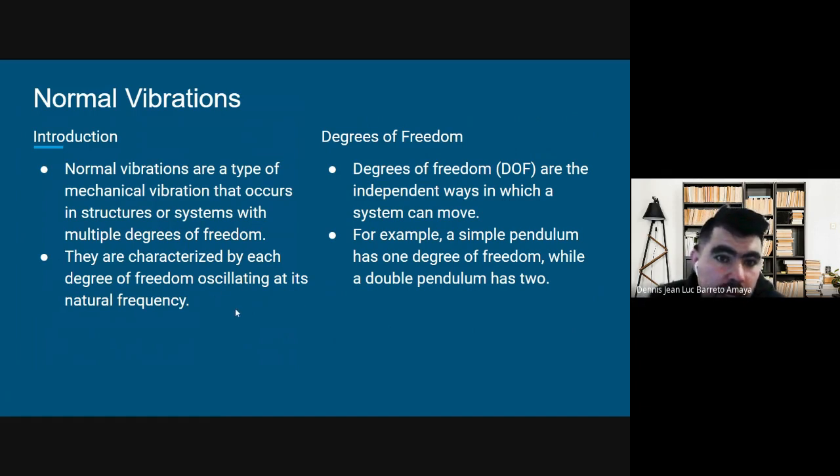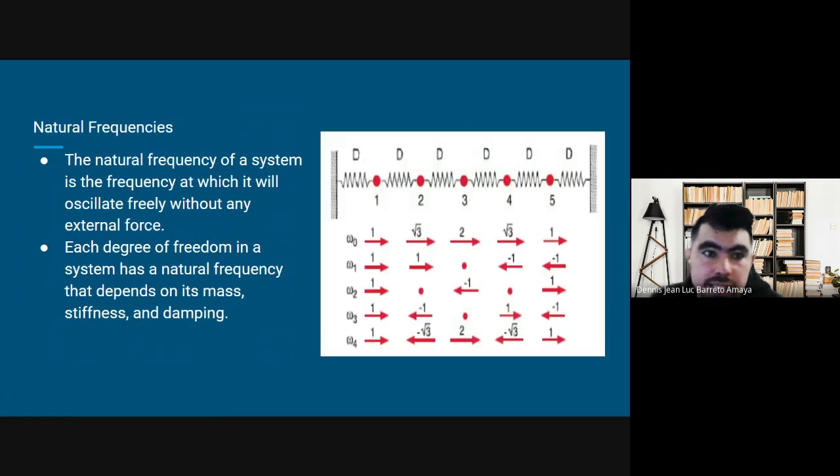For example, a simple pendulum has one degree of freedom, while a double pendulum has two. Natural frequency is the frequency at which the system oscillates freely without any external force.